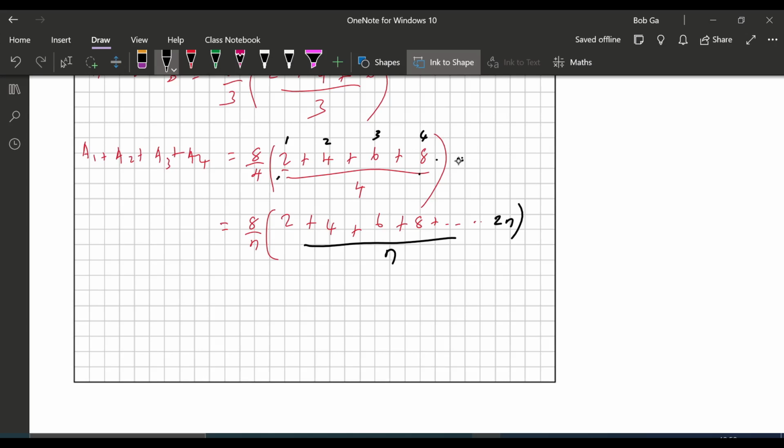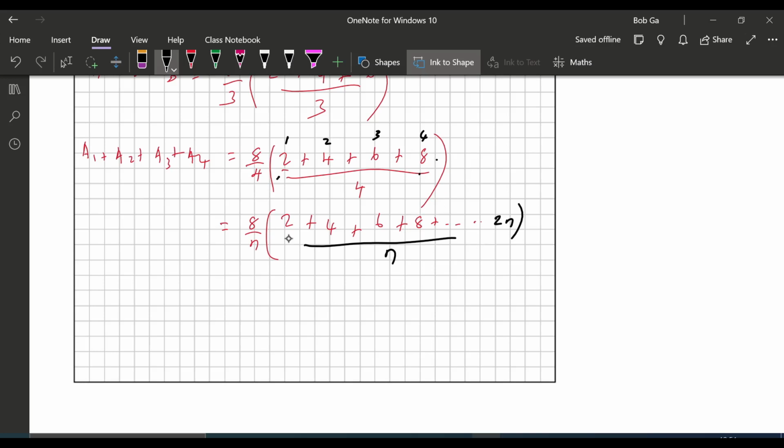The fifth term, n is 5, and we multiply 5 by 2, which gives us 10, and we continue. The sixth term, we multiply 6 by 2, and that gives us 12. So that's the pattern that we've discovered.